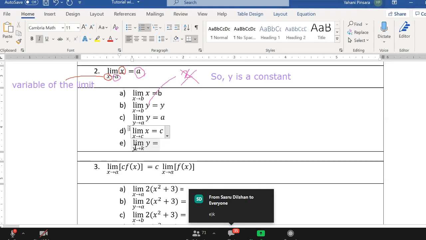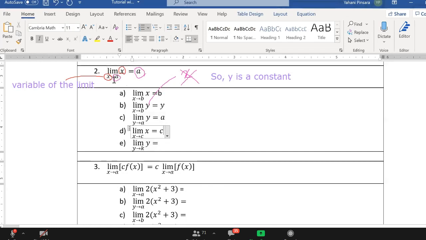So when you have to find the limit of x, when the variable of the limit is x, the answer is the approaching value. So same thing applies here. You have to find the limit of y, and the variable of the limit is y, and y approaches to k. So the answer is the approaching value, which is k. Right?